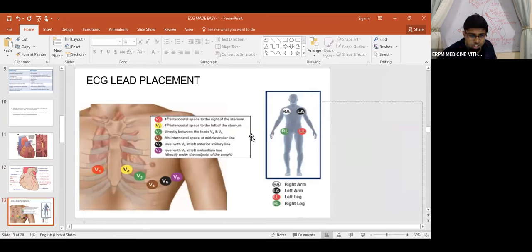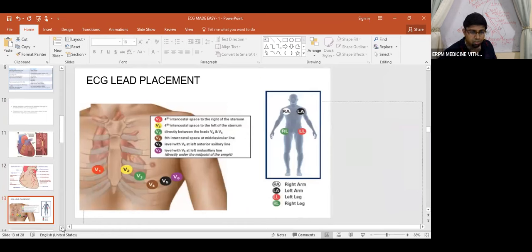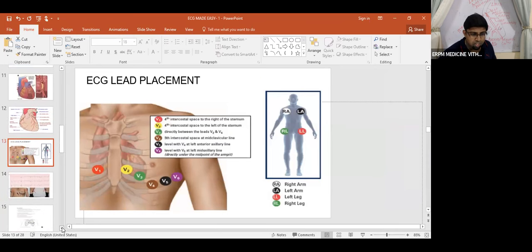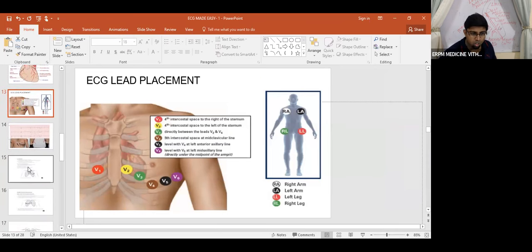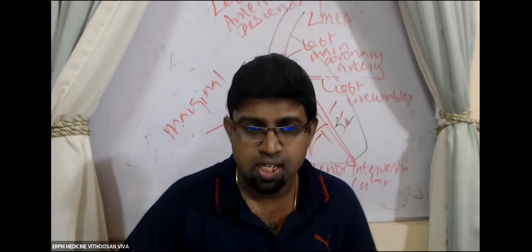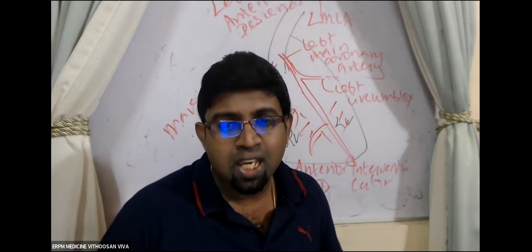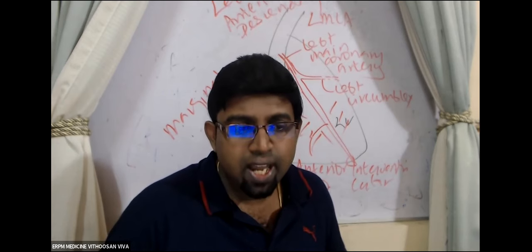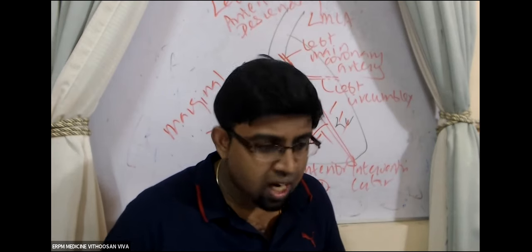What are you going to do in the ECG? All of you might have seen this ECG, might have heard about it. What we do in the ECG is look at the electrical activity of the heart.